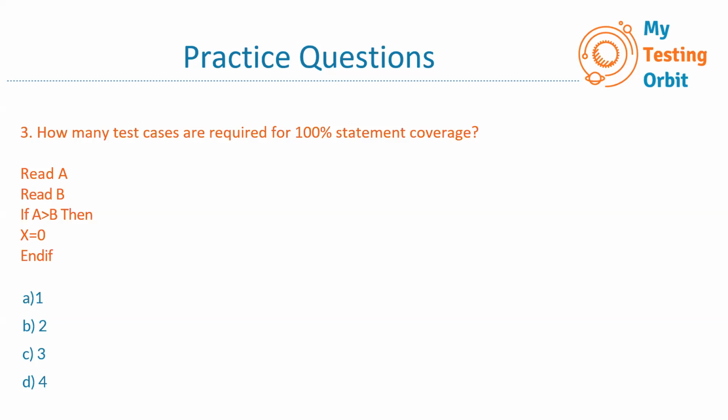I just want to clarify, don't confuse yourself with these terms. Branch coverage is closely related to decision coverage. We can say that branch coverage is similar to decision coverage, but it's not the same. There is a difference. And I was quite surprised to see that in a few places it's written as decision or branch coverage, which is absolutely wrong.